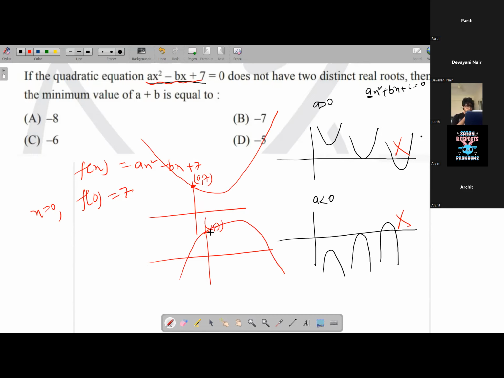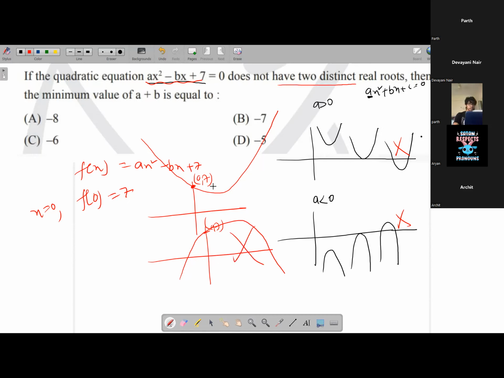Now you can see that if a is negative, then the graph will open downward. If it opens downward, the graph will definitely come down and intersect the x-axis at two points. It means that this equation will have two different real roots, but the question says it will not have two distinct real roots, so this is discarded.